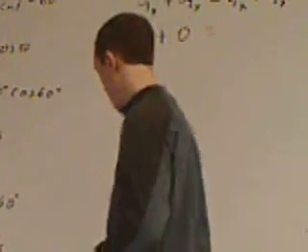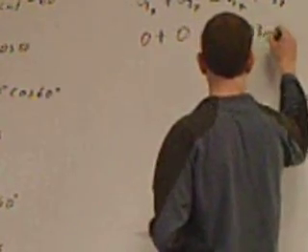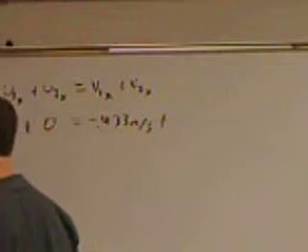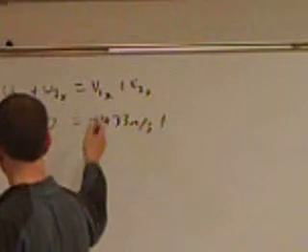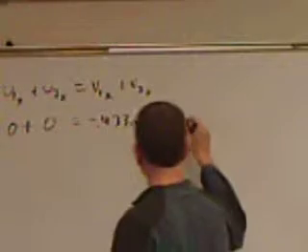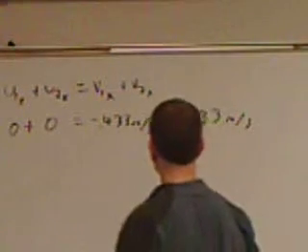We found it to be negative 0.433 meters per second. And what is v2 sub x? It's the negative of v1 sub x, so the sum is 0, and we're fine. So momentum in the x is conserved.